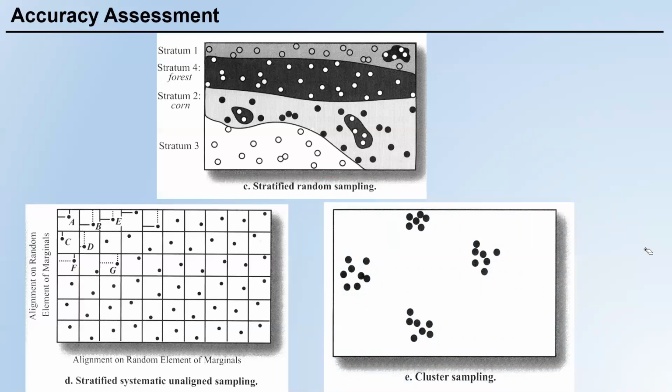And sampling is always a problem when you are talking about research and application. As long as you're facing a large group of observations, you cannot examine all of them. You always need to do sampling.